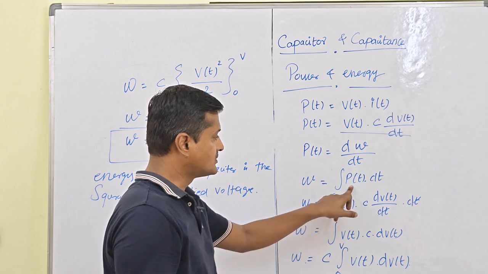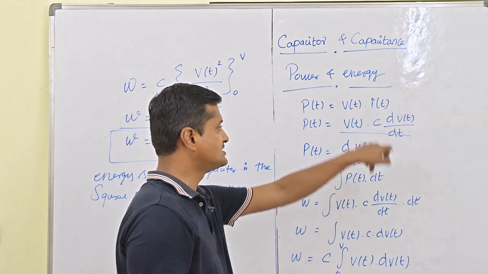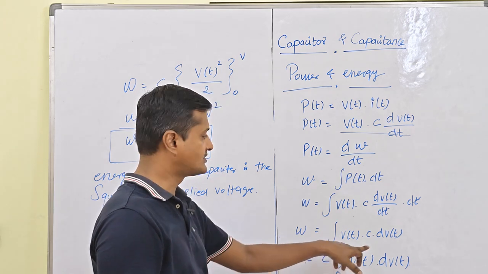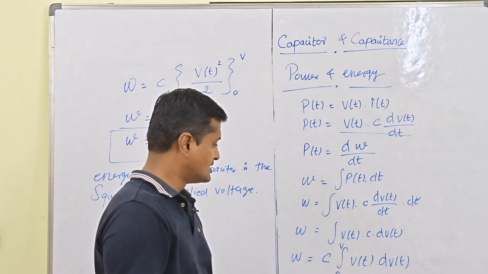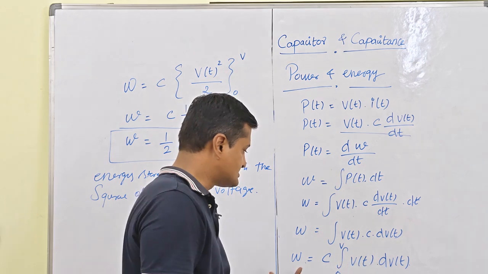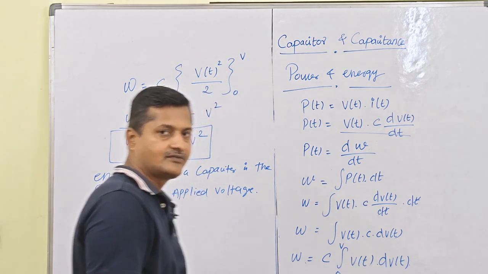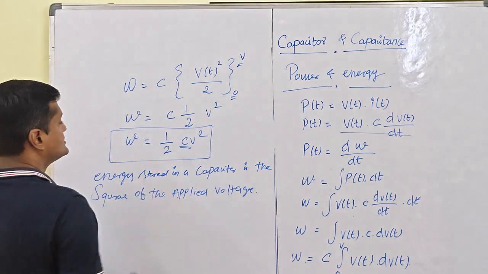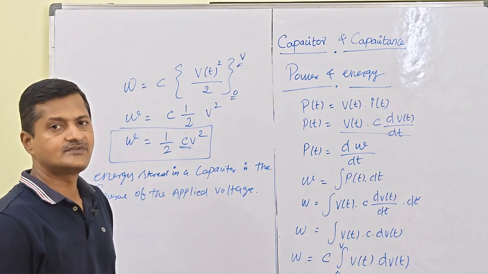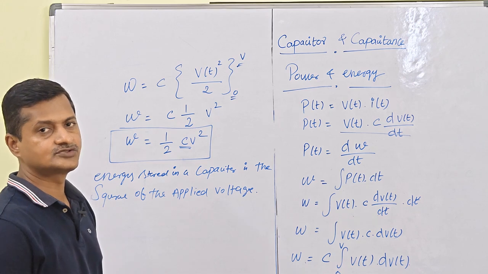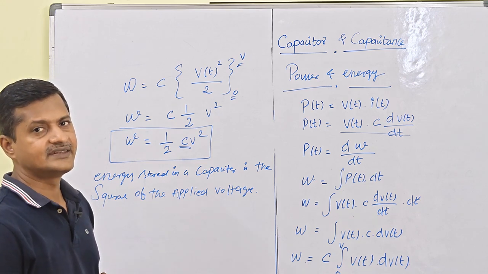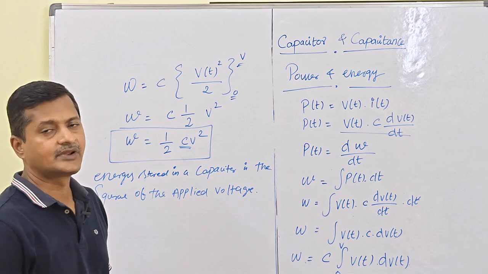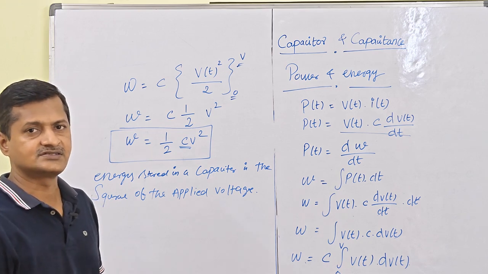So next, W equals the integral of P of t, whose equation is V of t into C dV of t by dt. The differentiation cancels, so W equals the integral of V of t into C dV of t. Then applying the limits 0 to V, energy equals half CV squared. So the energy stored in a capacitor equals half CV squared, and the energy stored is the square of the applied voltage.